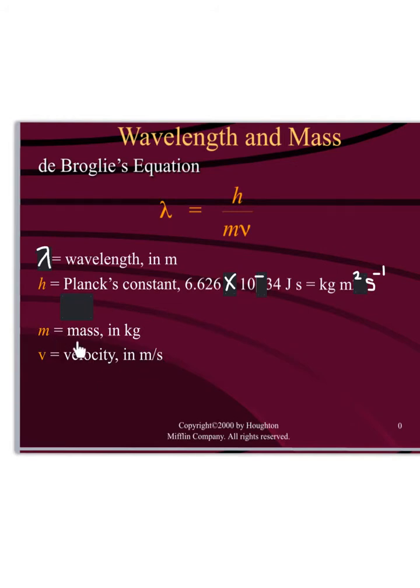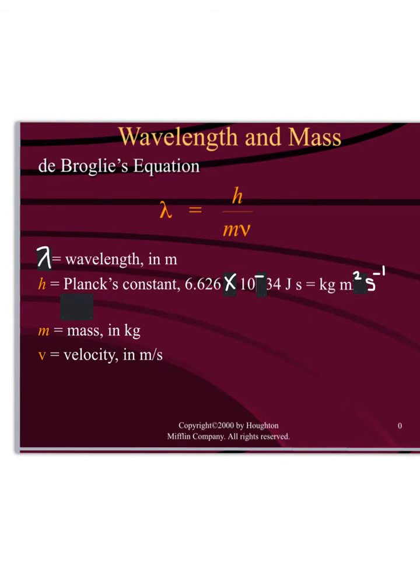The mass in this case will be in kilograms. The reason the mass has to be in kilograms is because Planck's constant has joules in it. These are all the units for joules: kilograms, meters squared per second. So the mass has to be in kilograms to cancel out. The wavelength will be in meters because we have meters in the velocity as well.